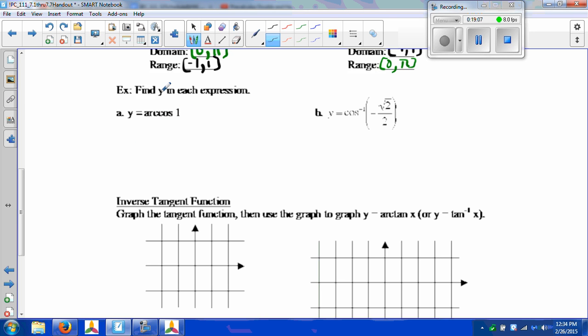Now, make sure you pay attention to the restricted domain of cosine, or the restricted range of inverse cosine. Okay? So you can only answer from 0 to pi, which means only positive angles for this guy. All right? From 0 to pi. All right, so where is cosine 1? Well, that'll be right there at 0.